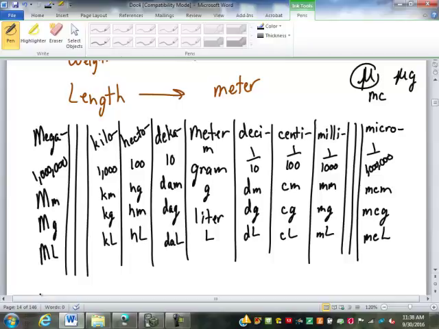A megaliter, 1,000,000 liters, that's a lot. 1,000,000 liters is about 270,000 gallons. That's bigger than what we ever need here on Earth for anything. Hopefully you never have to order that much of anything. The only one that's really useful is the megagram, which is 1,000,000 grams, or 1,000 times 1,000. It's 1,000 kilograms.